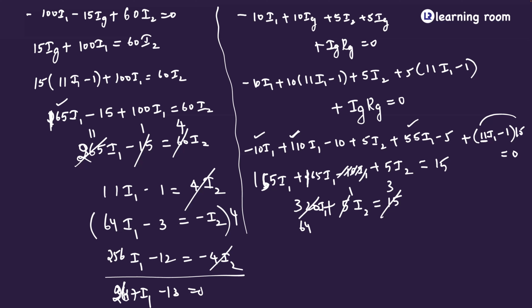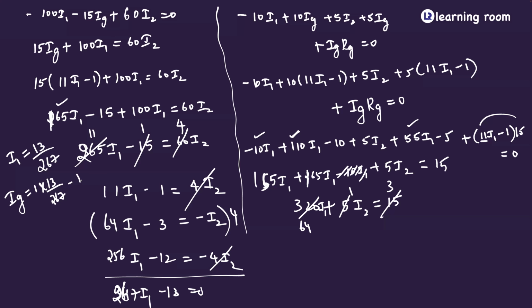Right? 267 I1 minus 13 is equal to 0. So I1 is equal to how much? 13 divided by 267. So what will be the value of Ig? 11 into 13 divided by 267 minus 1.